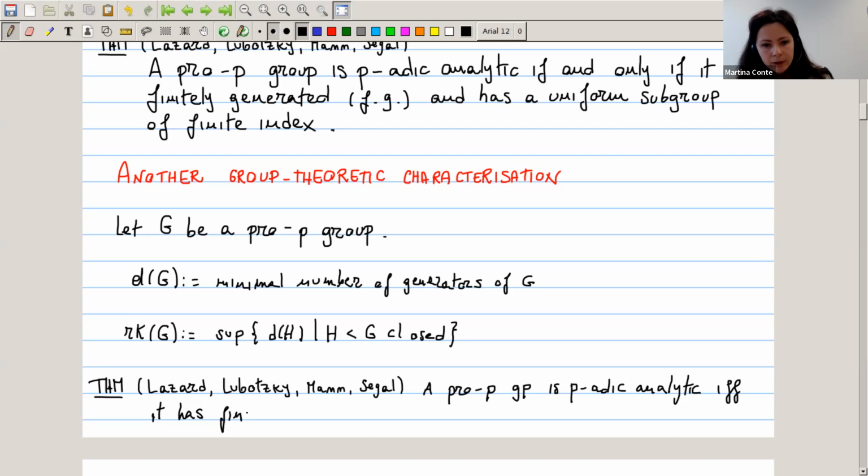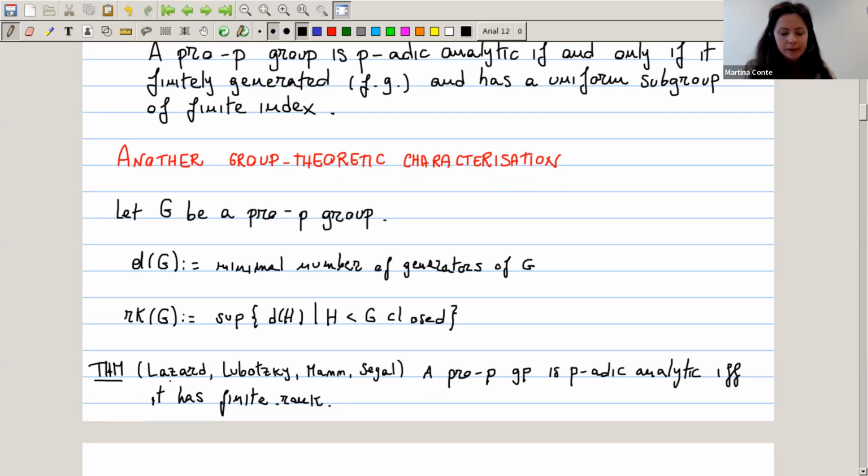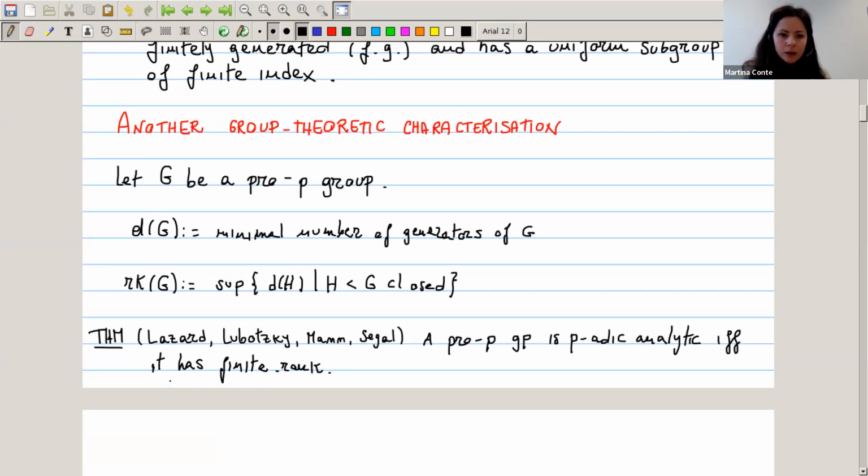So again, this is a really strong characterization, and from now on I will talk in the same way of p-adic analytic pro-p groups or pro-p groups with finite rank, because these are the same thanks to this characterization.